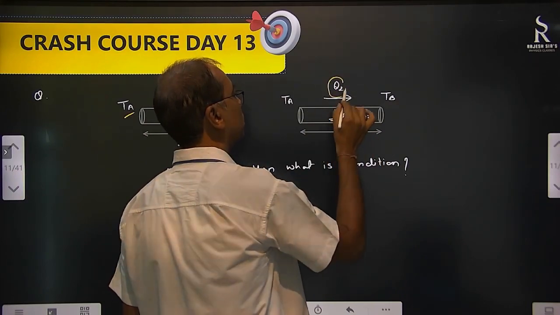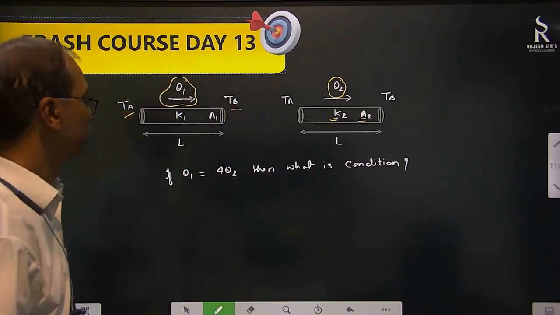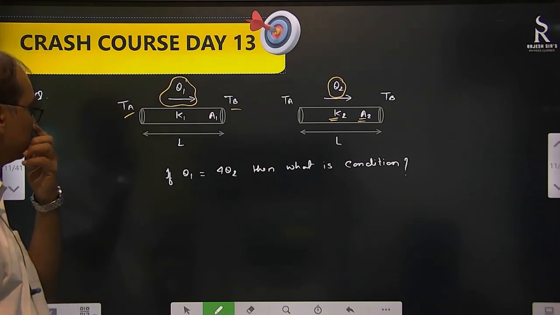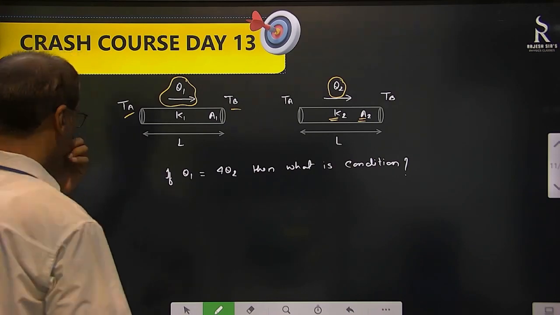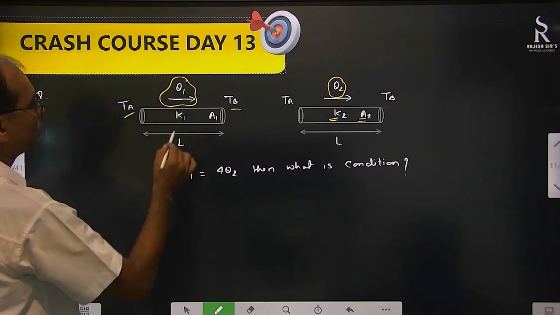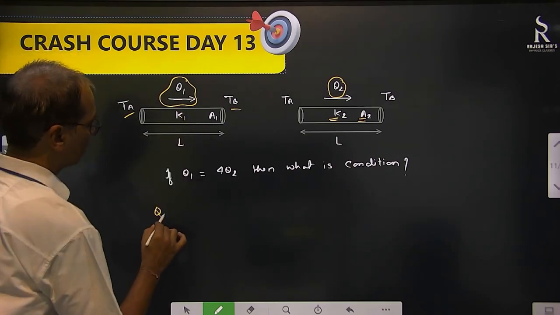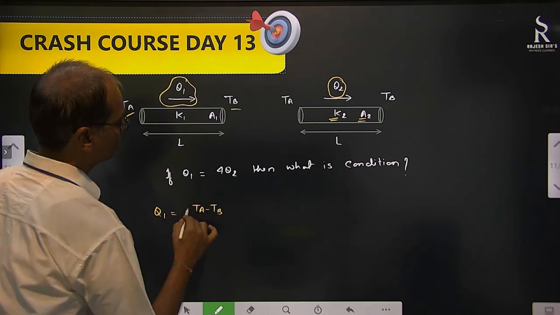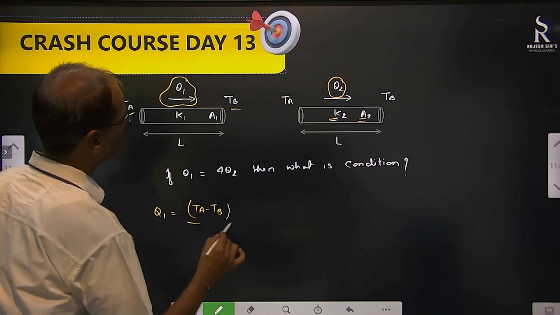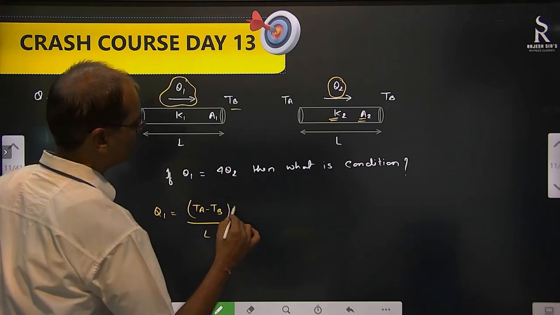So heat current is Q2. So he says if Q1 is equal to 4Q2, then what is the condition? Okay, fine. So we will make Q1 equal to 4Q2. So what is Q1 here? Q1 is TA minus TB by resistance. Resistance means L by K1A1.